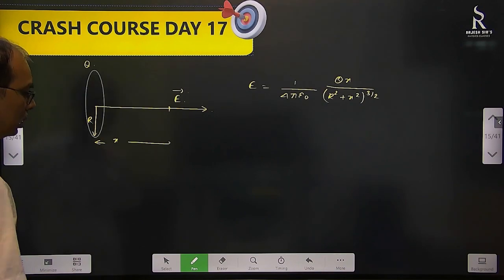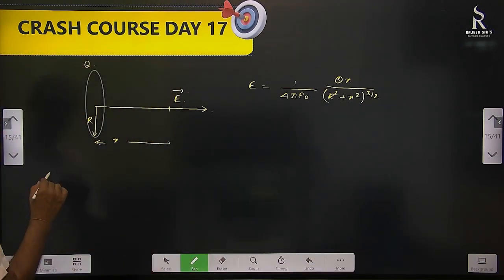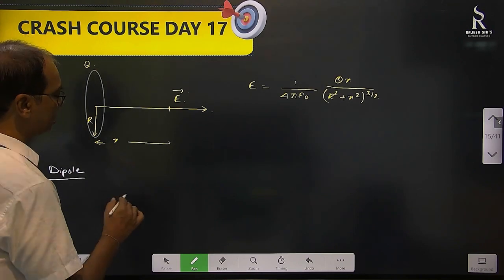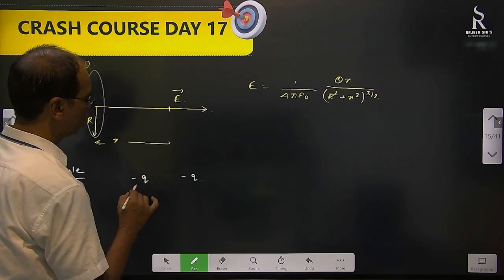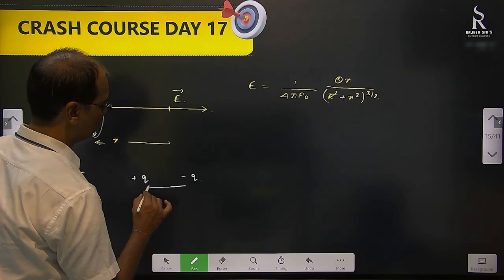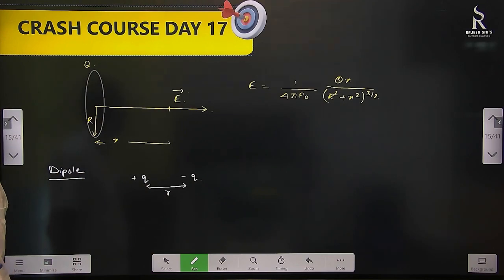Then we were on the dipole. A dipole is what? When two equal and opposite charges are kept close to each other, this formation is called a dipole.